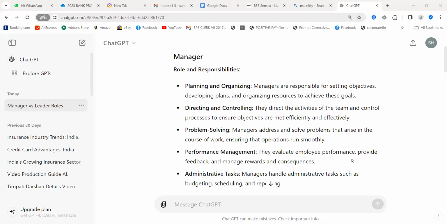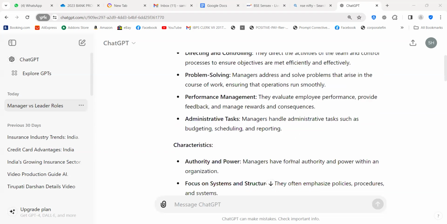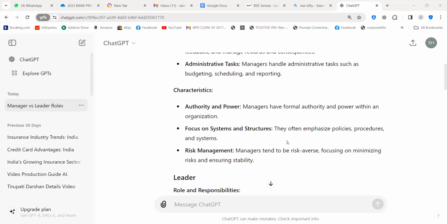Managers address and solve problems that arise in the course of work, ensuring that operations run smoothly. They evaluate employee performance, provide feedback, and manage rewards and consequences. Managers handle administrative tasks such as budgeting, scheduling, and reporting.